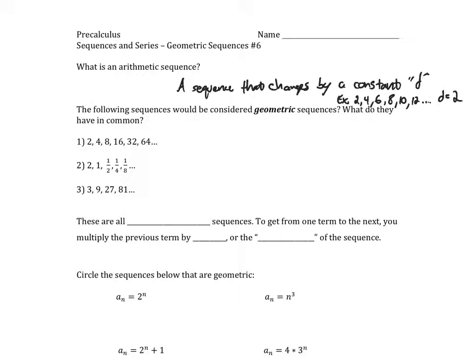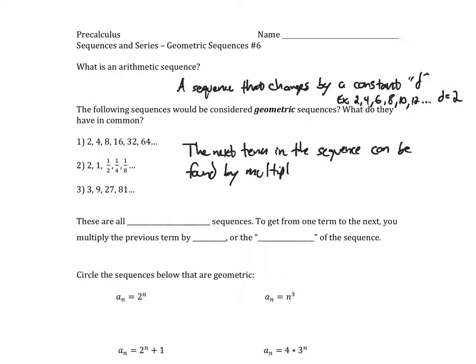All right, so if I were to really write this out and define it, I would just say maybe that the next term in the sequence can be found by multiplying the previous term by the same constant.